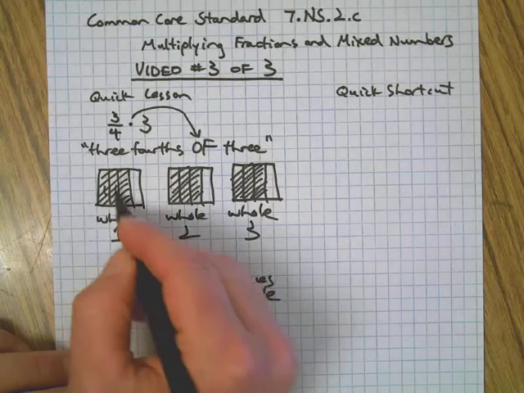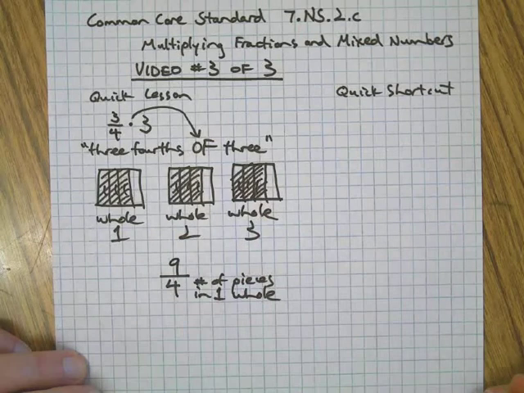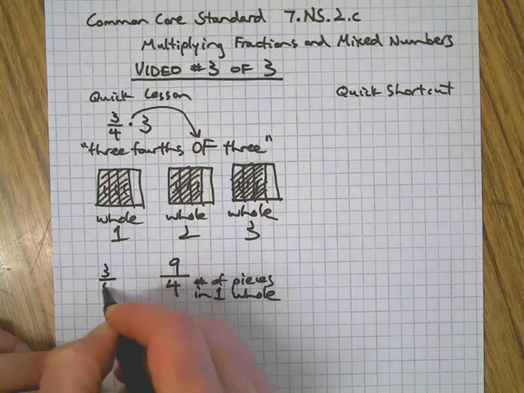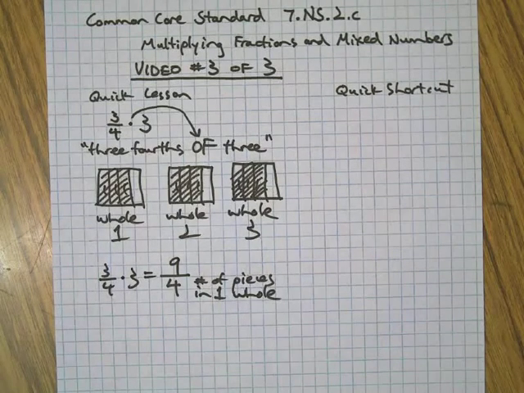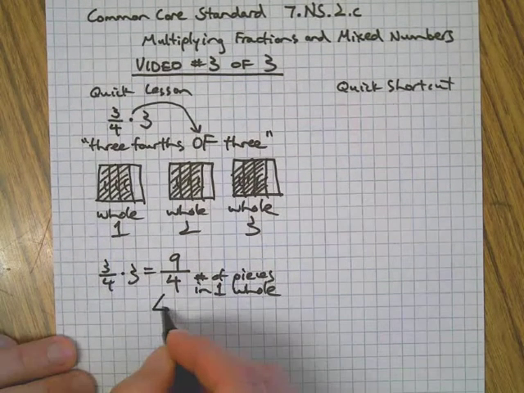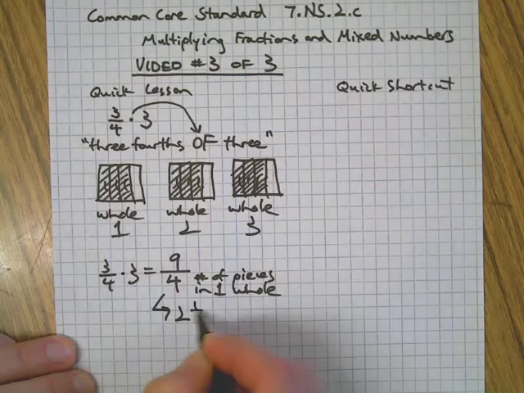So I have 1, 2, 3, 4, 5, 6, 7, 8, 9. So 3/4 of 3 is 9/4. Okay, or you can break that down into a mixed number, which is 2 and 1/4.